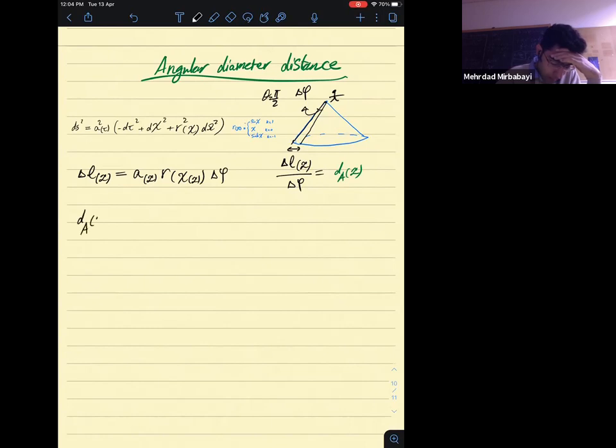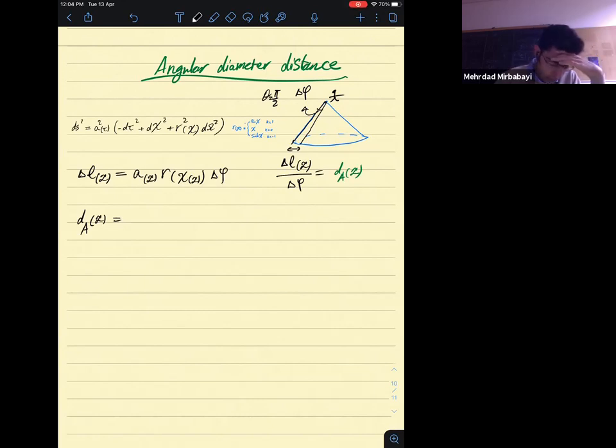So therefore, dA of z is equal to A of z, which now we can write it as, so remember that A over A naught was 1 over 1 plus z.